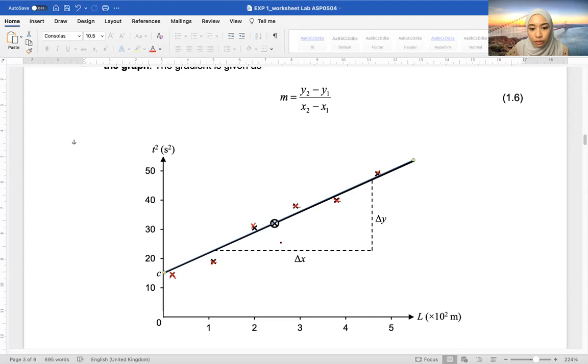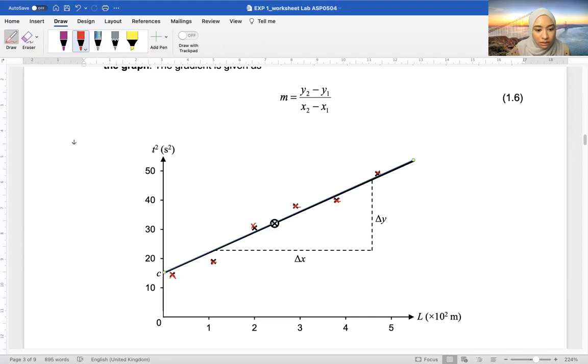Okay, so this is how you get the gradient, your centroid. So let's talk about your centroid again. In this case, let's figure out the data here. This looks like 0.2 maybe, and this is a 3. So that is your first data, X and Y. Let's make our table over here.